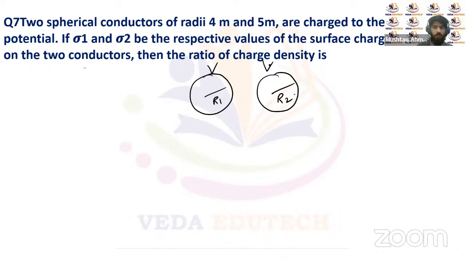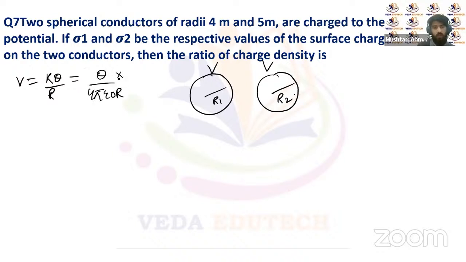Since the radii are different, the charge densities have to be different for these two. The potential on the surface of any sphere is kq upon r, which we can write as q upon 4 pi epsilon naught r.